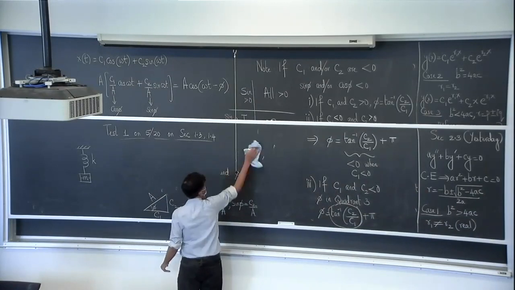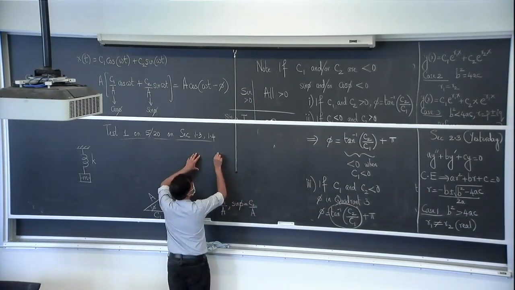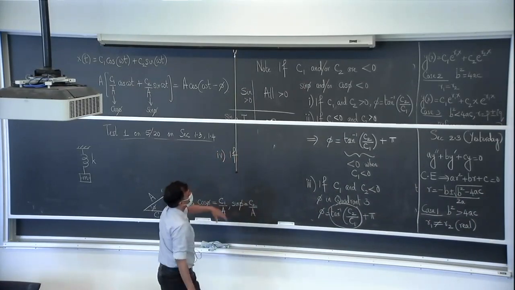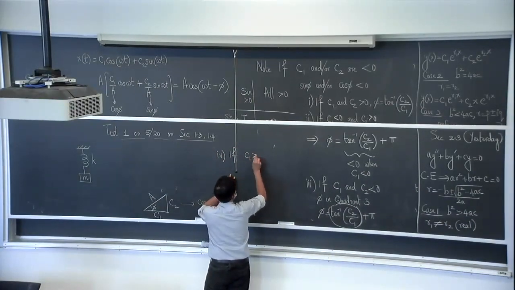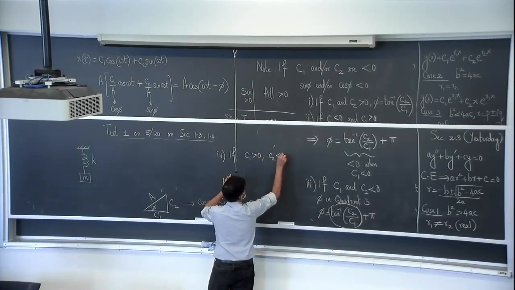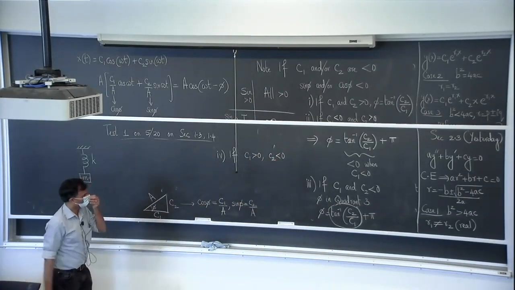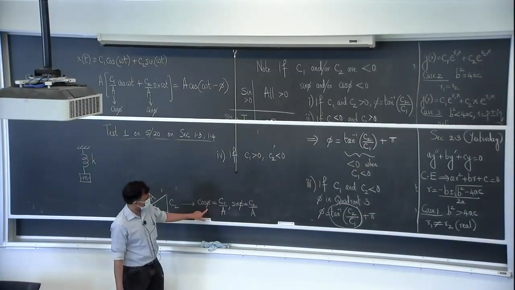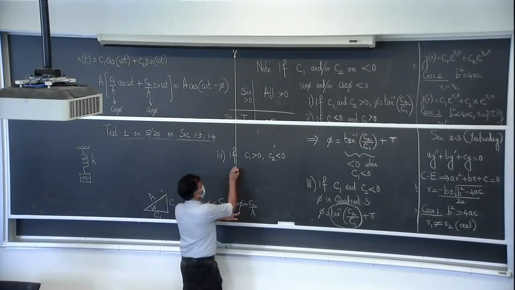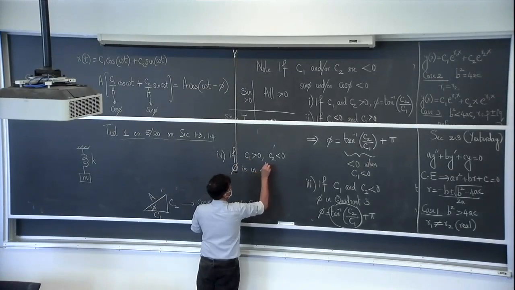And case 4, sorry to go in a slightly wrong order here. Case 4, what's the case that we did not discuss? C1 is positive and C2 is negative. That means cosine is positive, sine is negative. So phi is in the fourth quadrant.